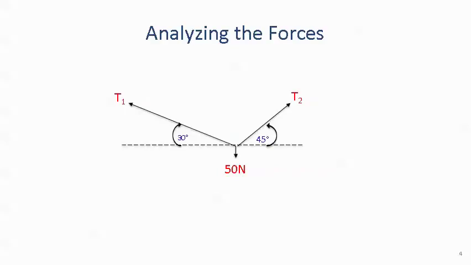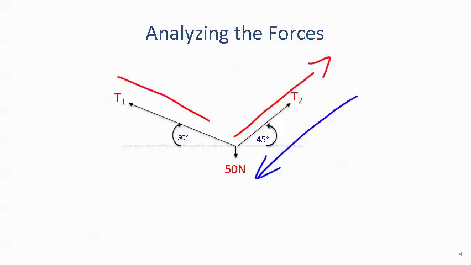As we look at the forces, we can see that the tension is this way while the weight is pulling inward. For the other one, the tension is pulling out against the weight, which is pulling in. So this will set our sign conventions as we move forward.